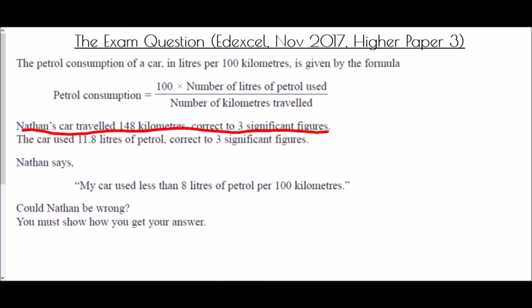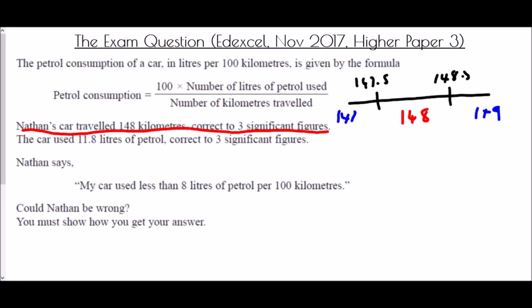And so the 148 kilometres is correct to three significant figures, and so the three significant figures would take me 148 one side, well that would then be 147 and 149 as the absolute extreme values, but our upper and lower bound, well, they would be halfway in between, so 147.5 and 148.5.